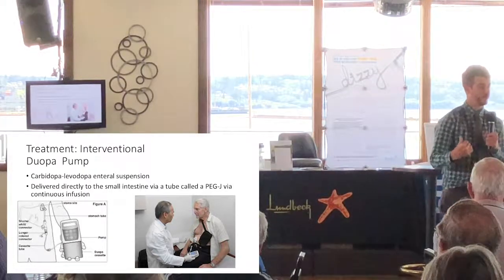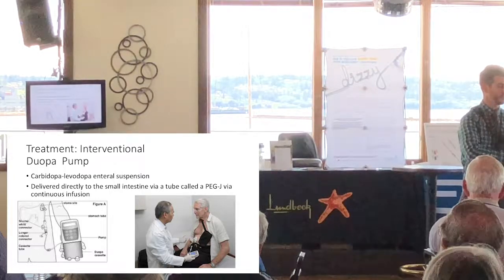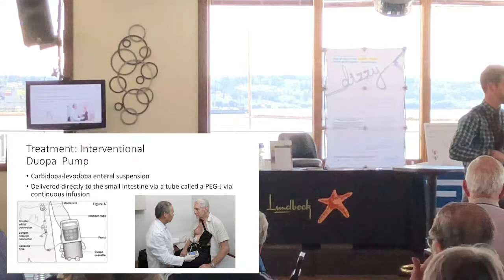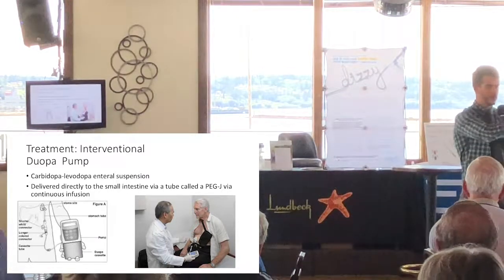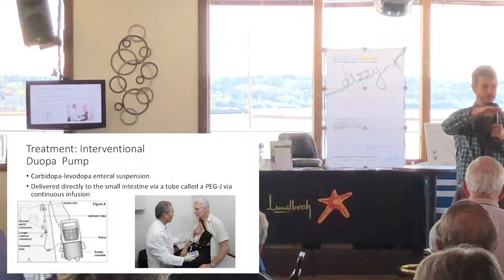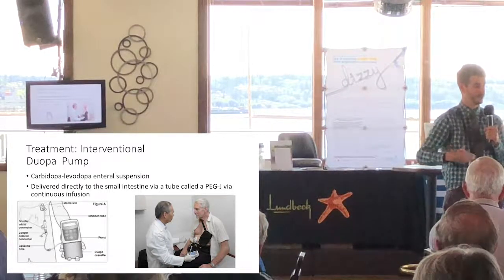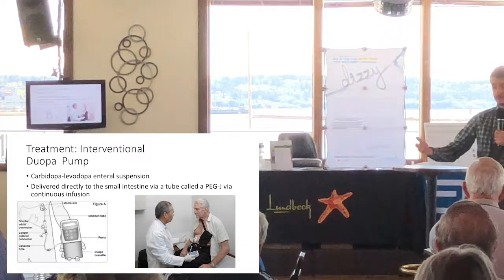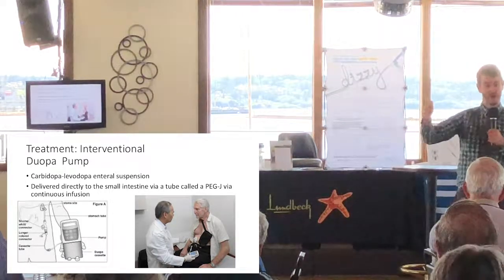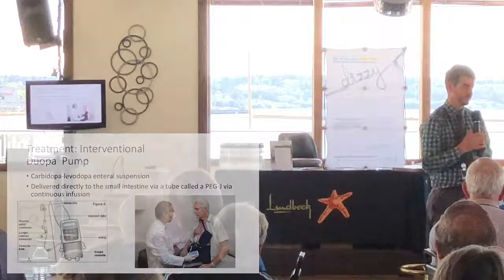We also think it's beneficial in people who have a very slow gastrointestinal system and maybe just don't transport that pill through their GI system to the spot where it needs to go. Because it's a continuous infusion, we typically see that people can have smoothing out of their motor symptoms over the course of the day. It is a little box that you have to wear, and there's a little tube that goes into your stomach. But if you're not a good candidate for deep brain stimulation, and you're having big ups and downs throughout the day, this could be something that would be beneficial for you.